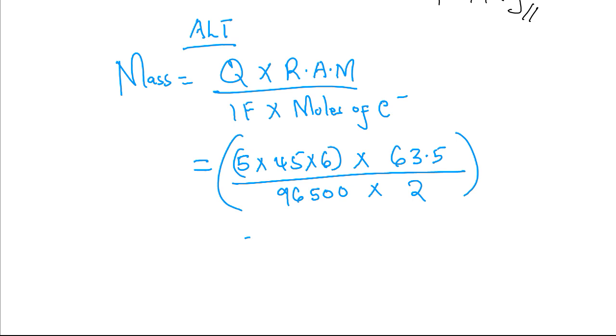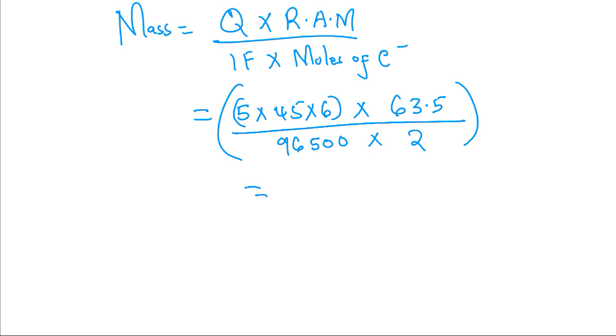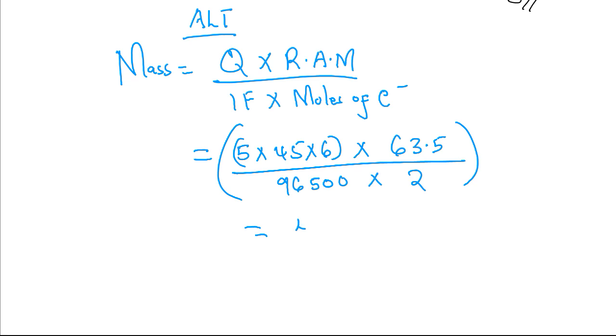From the equation we have 2 moles, so that would give 5 times 45 times 60 times 63.5 divided by 96,500 times 2, close the bracket, that gives 4.442 grams.